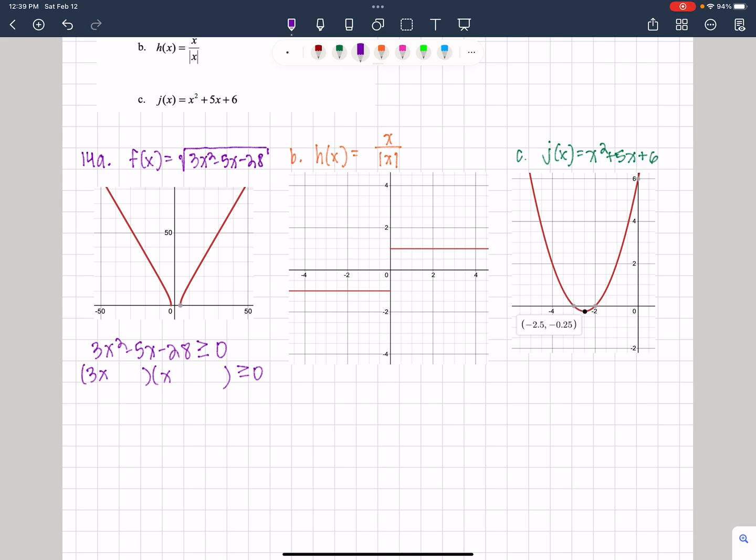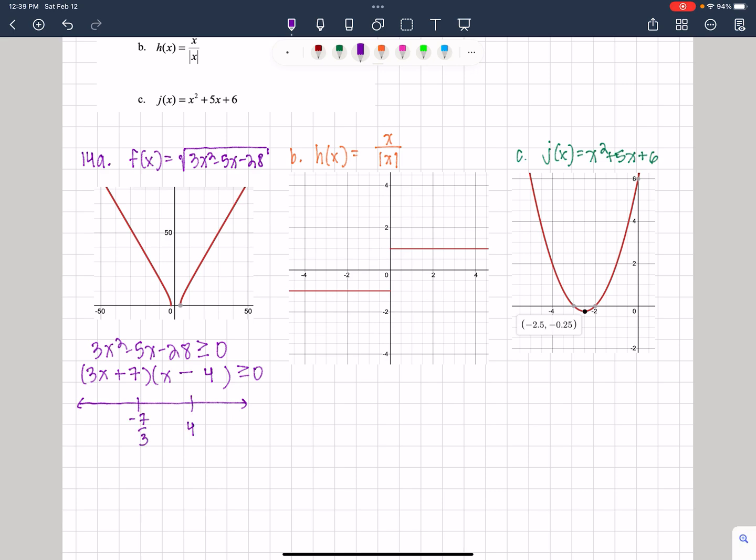I'm going to try 4 and 7, and I think that's going to work. I'm going to put the 7 here and the 4 here, and I need a negative 5x, so that should factor right. Negative 12x plus 7x is negative 5x. So my critical values on the number line are negative 7/3 and positive 4.